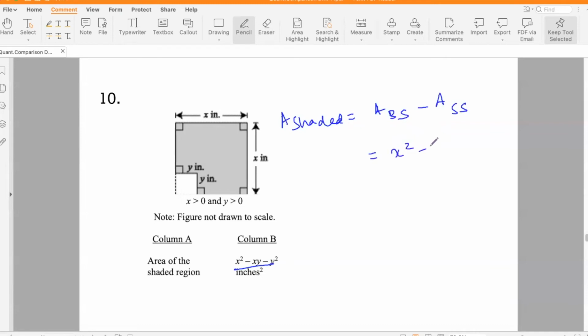So that's x squared minus y squared, right? And in this column, we have x squared minus y squared, but we are subtracting another quantity xy, which will be positive, right? Because both x and y are positive. So then obviously column A is greater than column B.